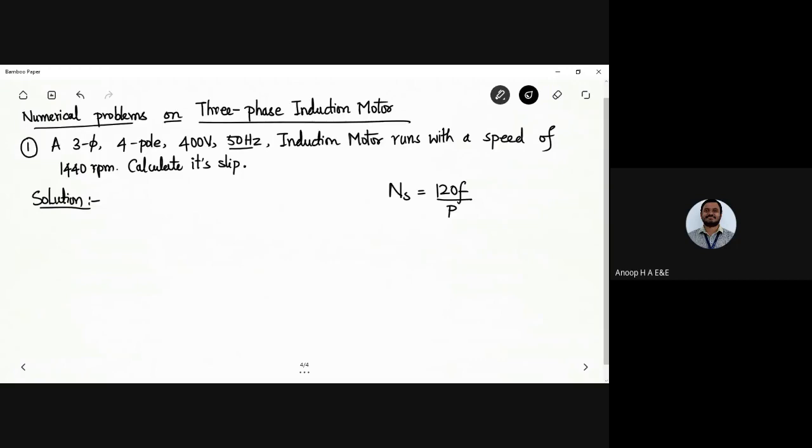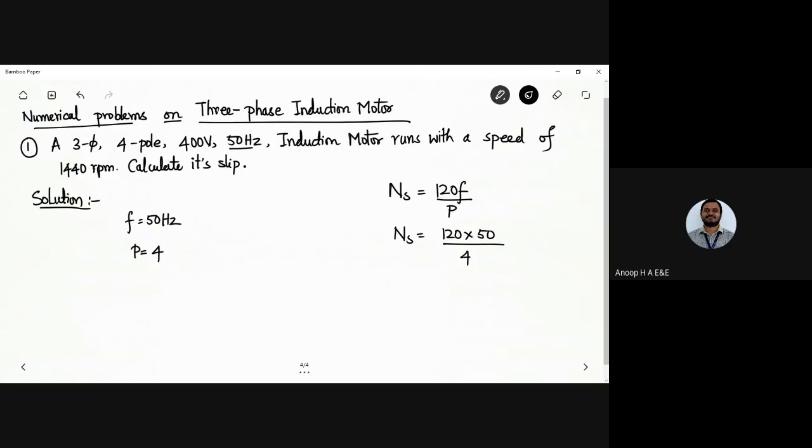So now I have this frequency f equals 50 hertz, and the number of stator poles, which is equal to 4. Let me substitute it here. ns equals 120 into 50 divided by what is p, that is 4.